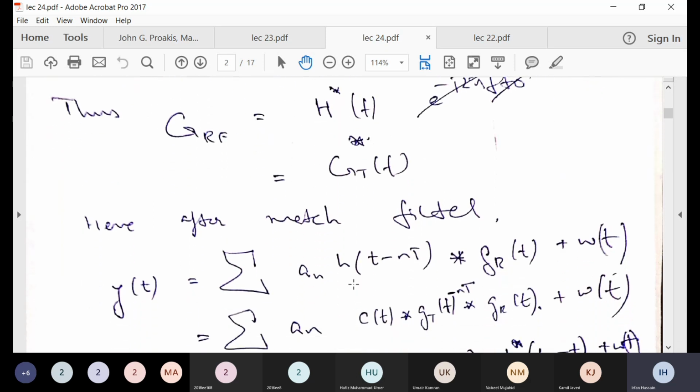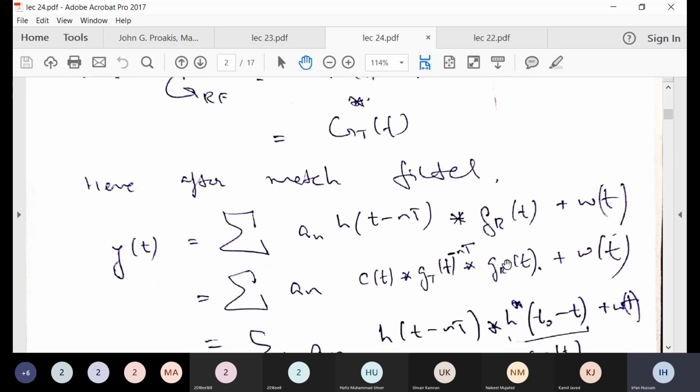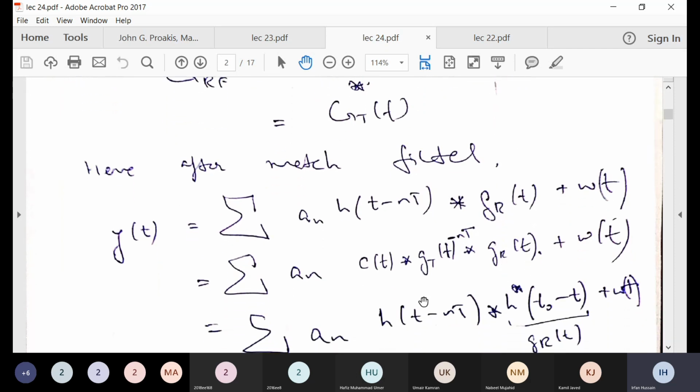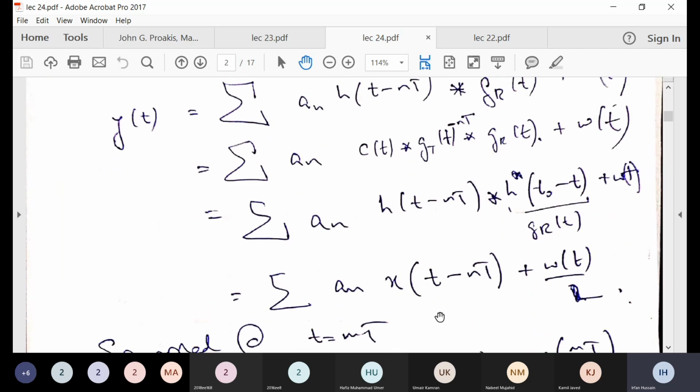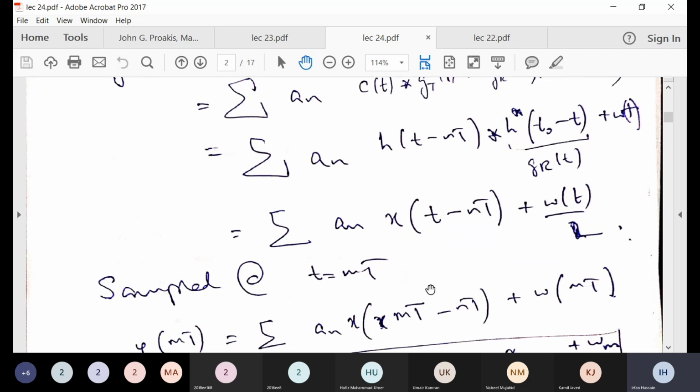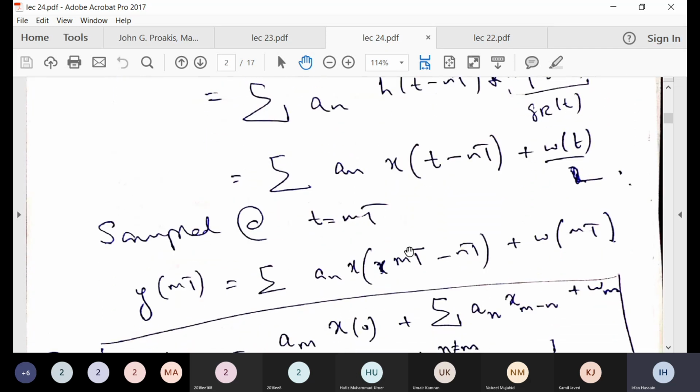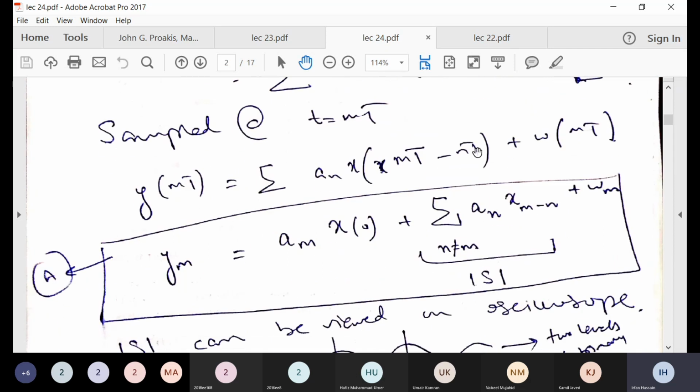Now again we have this sequence. After passing through the channel, a_n could be complex, H could be complex, and then we pass it through our filter. We pass through the filter, and you will get x that we have seen, and then you sample here, so t is replaced by mT like this, but at any time m will be equal to n.